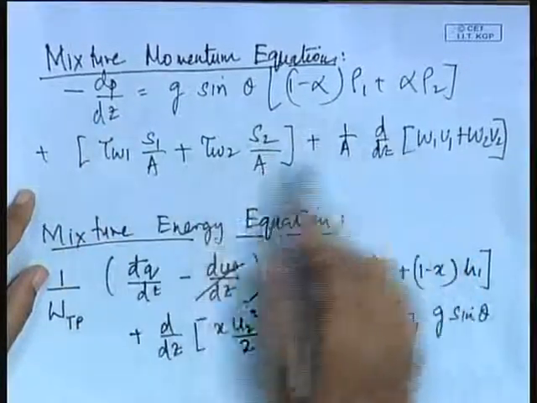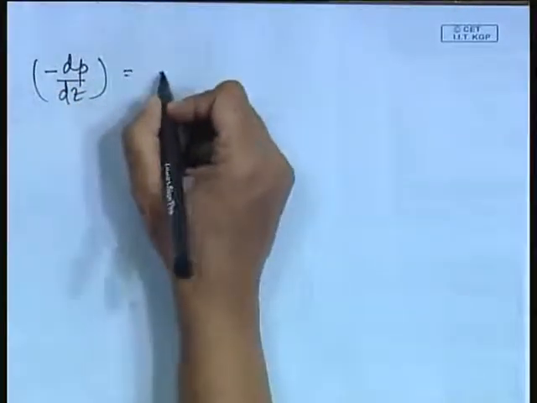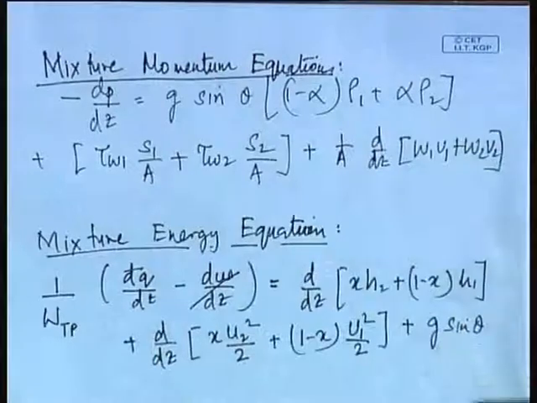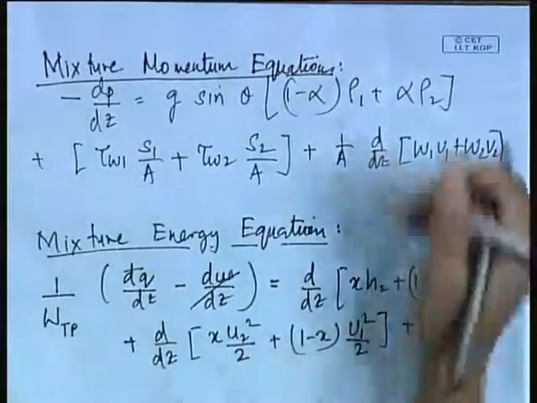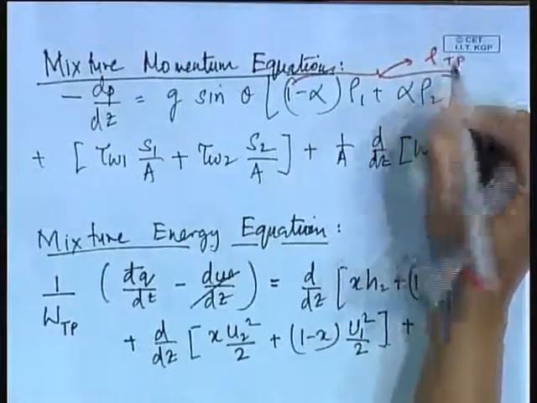Once this substitution is done, what do we get? We get minus dp dz equal to the first term, g sin theta into this whole thing, 1 minus alpha rho 1 plus alpha rho 2, which is nothing but rho Tp.